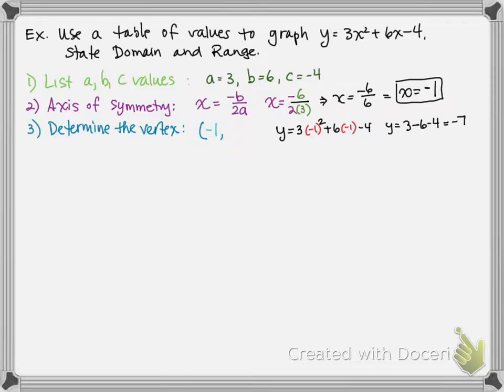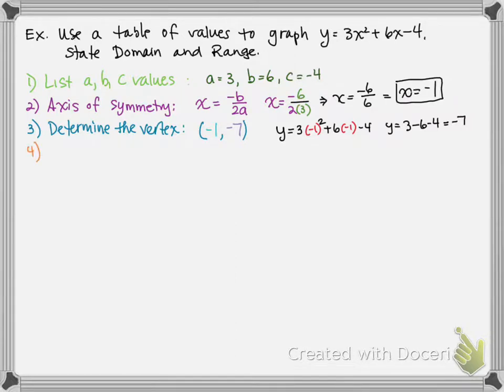So we're going to go ahead and plop in -7. So my vertex is sitting at -1, -7. Now that I have that, I can go ahead and create my table of values.